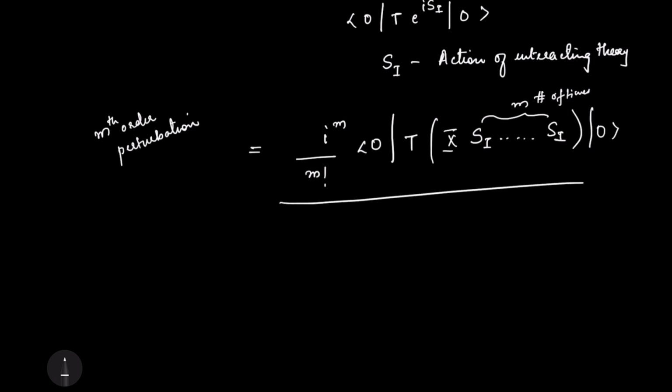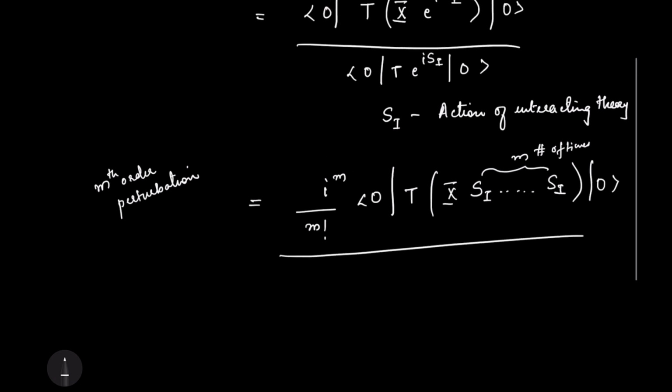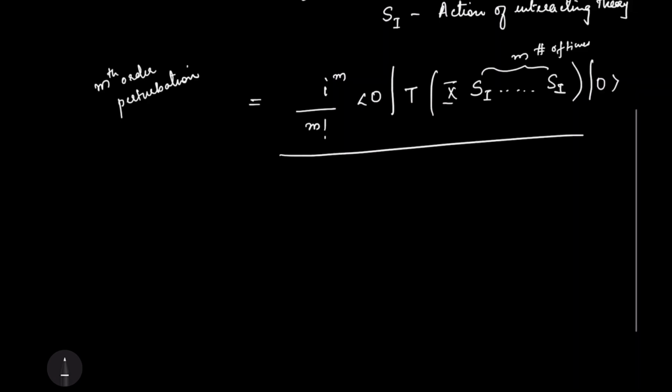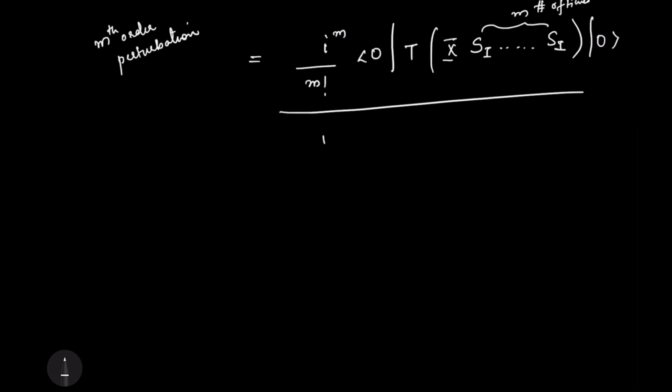Now divided by, in the denominator, i^m / m! times the time ordering of S_I's, and there will be m number of them.